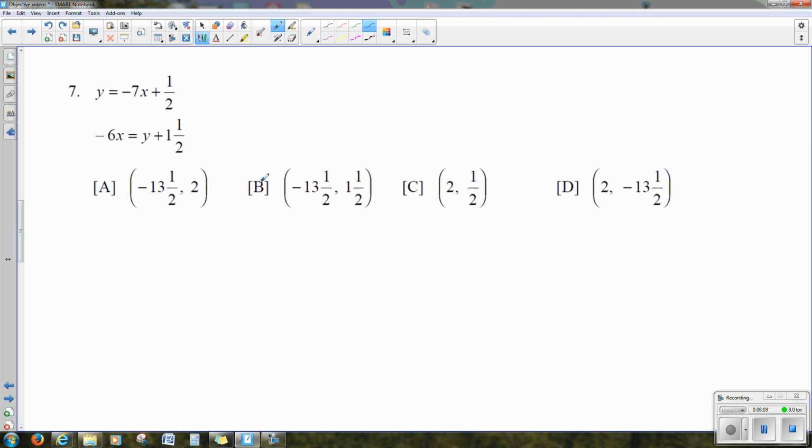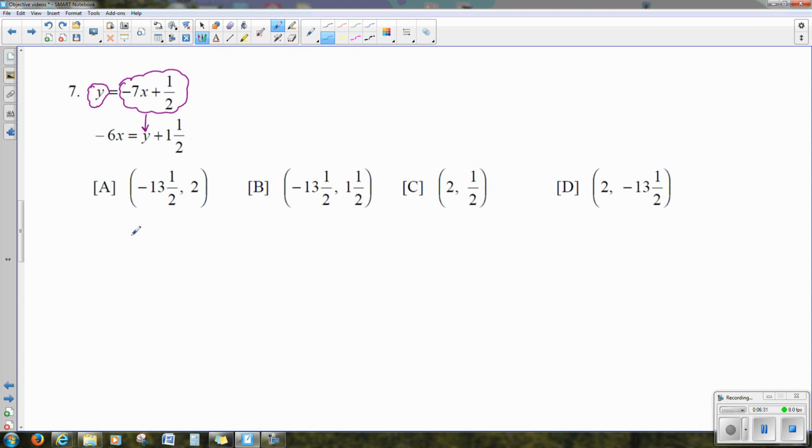Okay, remember, we're trying to use substitution. We now see that we've solved for y, so y equals negative 7x plus 1/2. So what I can do is substitute this into this equation instead of the y.